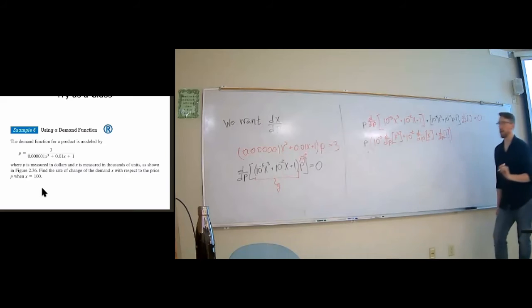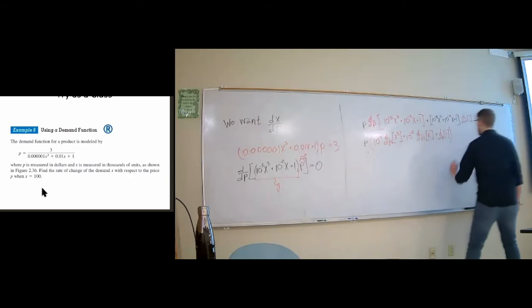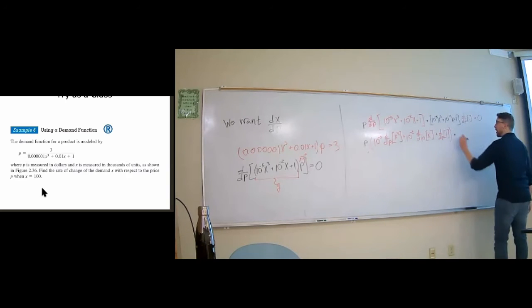That's going to disappear in a minute, right? Plus 10 to the negative fifth x cubed plus 10 to the negative second x plus 1.